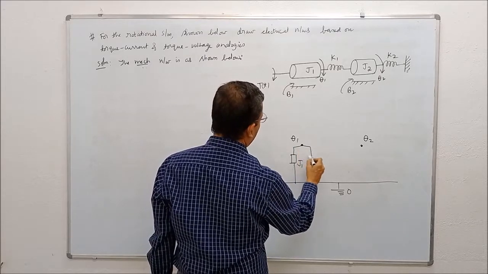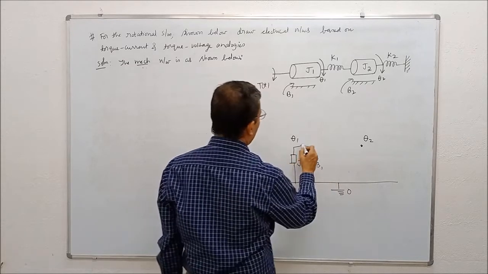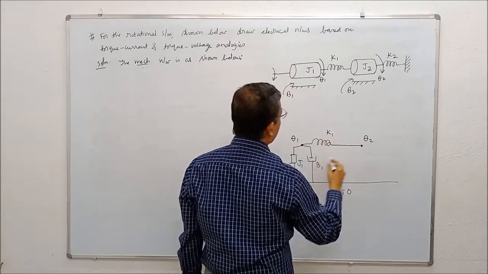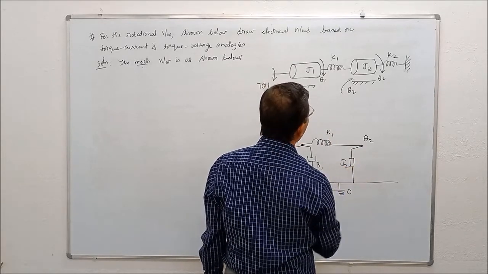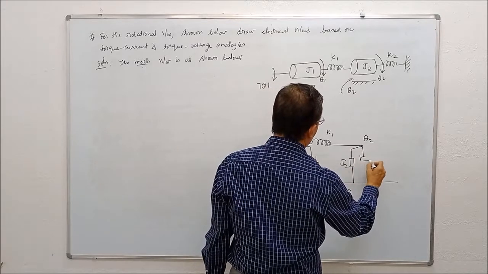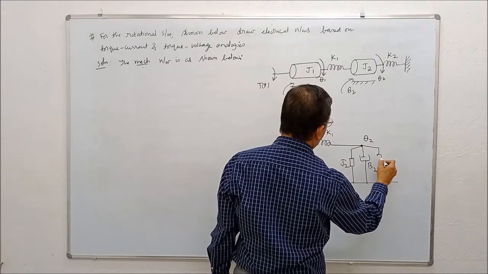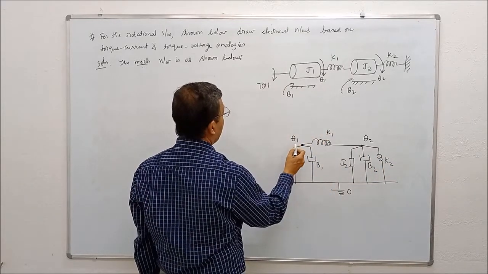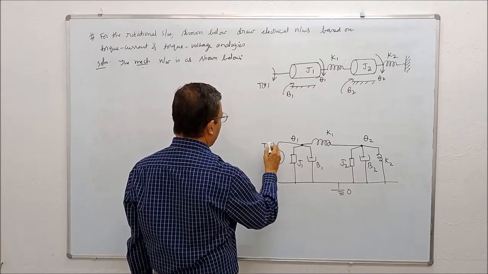B1 comes between θ1 and ground. K1 comes between θ1 and θ2. J2 comes between θ2 and ground. B2 comes between θ2 and ground. K2 comes between θ2 and ground. Torque is applied at node θ1. This is the mechanical network.